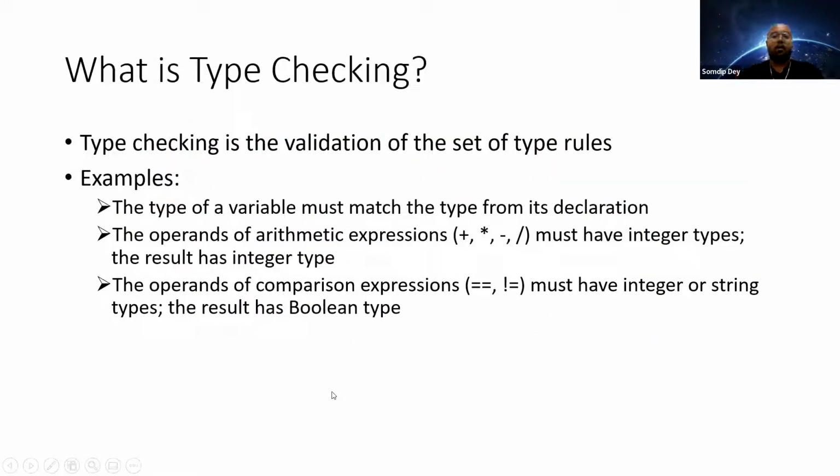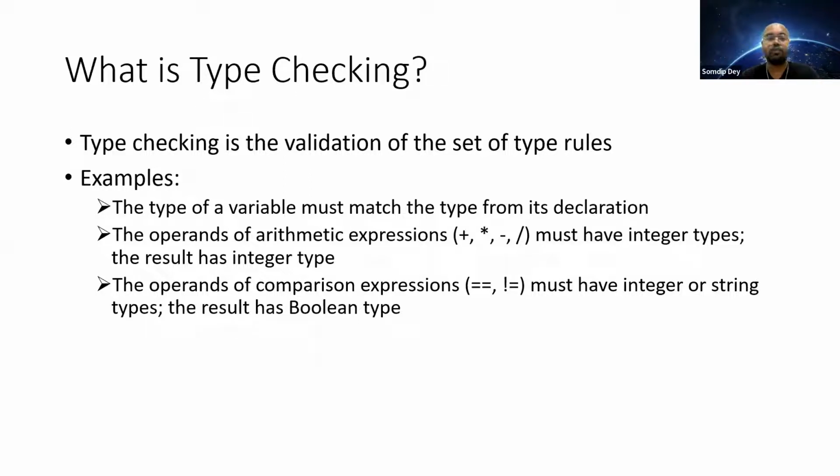So we have seen the example. Based on the example, what type checking is doing is validating a set of type rules. For example, the type of the variable must match the type from its declaration.